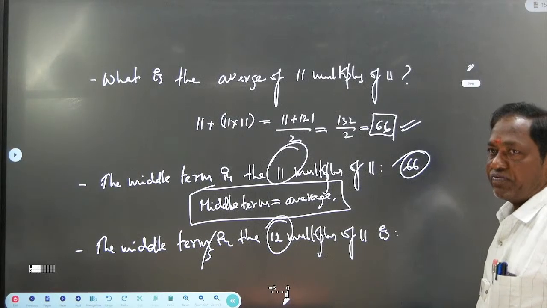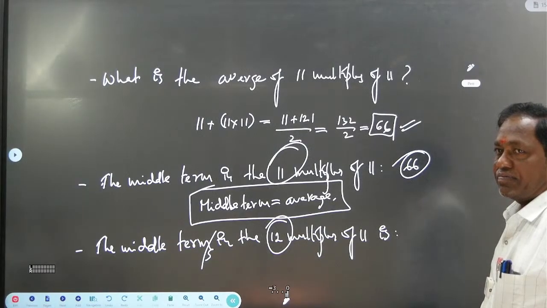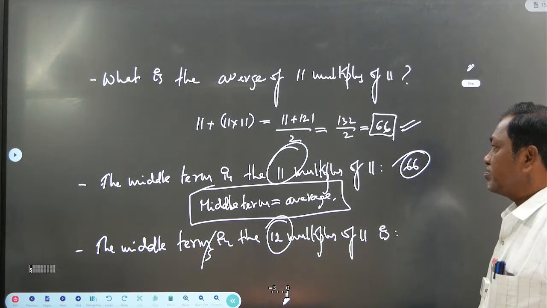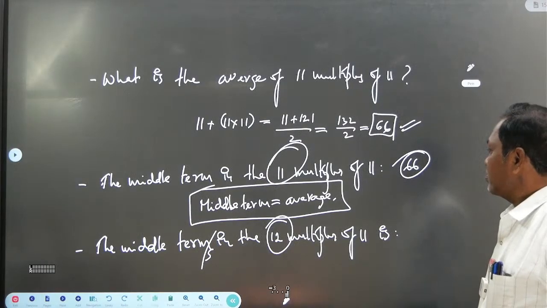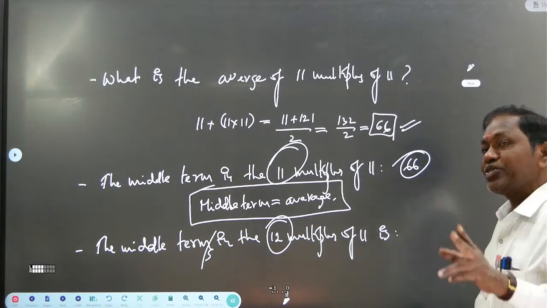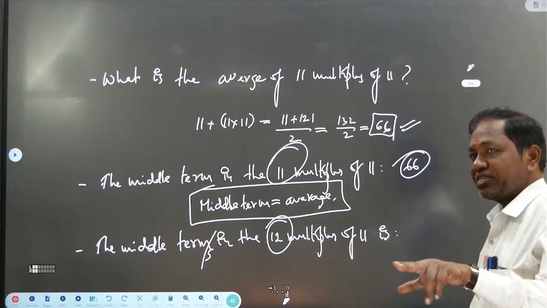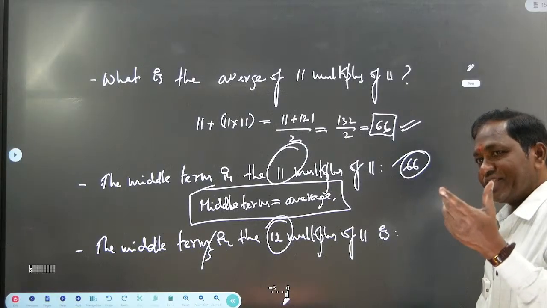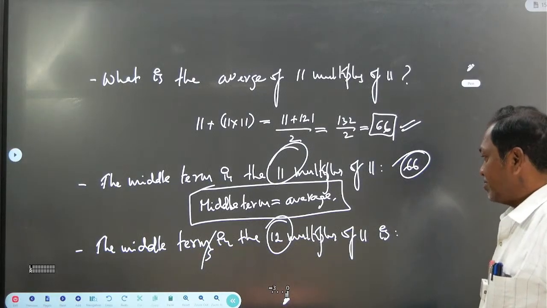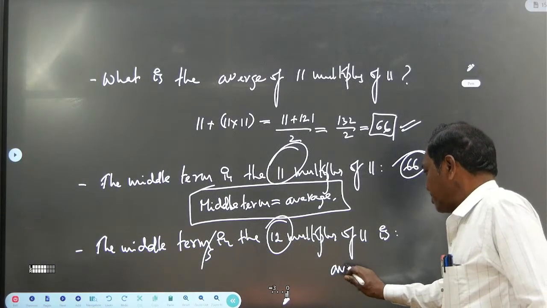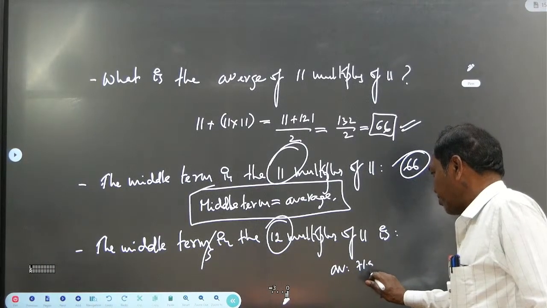In the 12 multiples of 11, the averages are 71 and 72. They are not consecutive numbers, there should be a difference of 11. The average is 71.5.